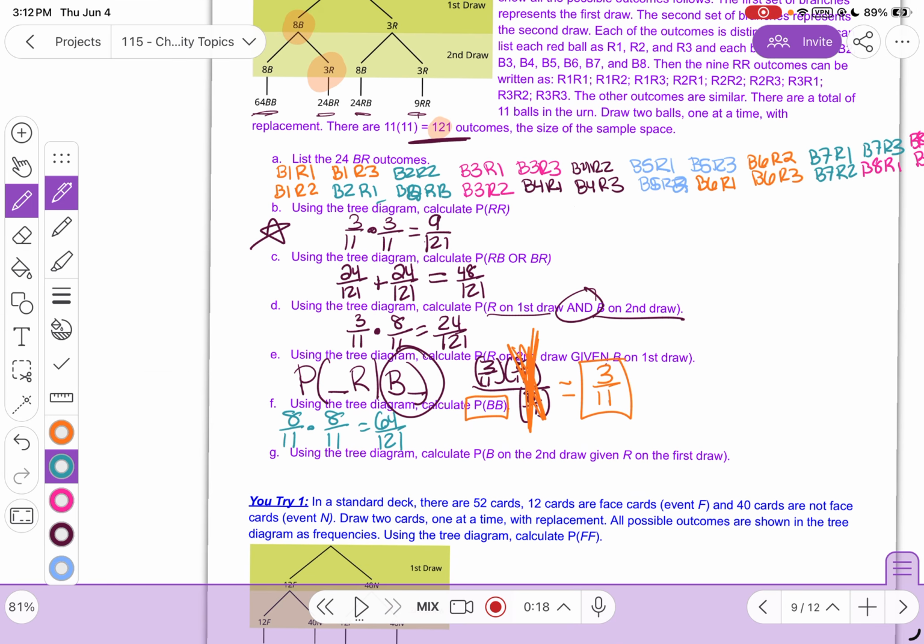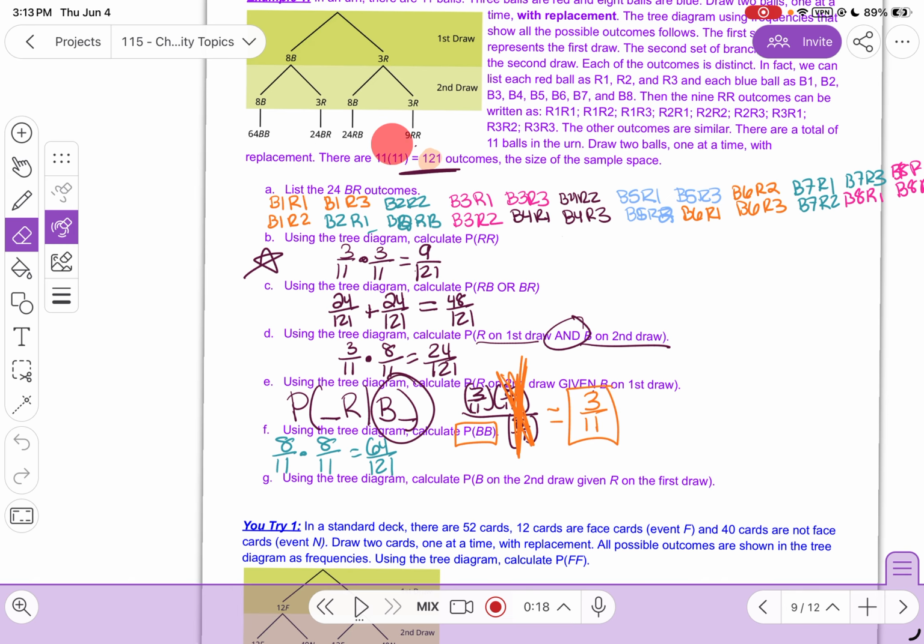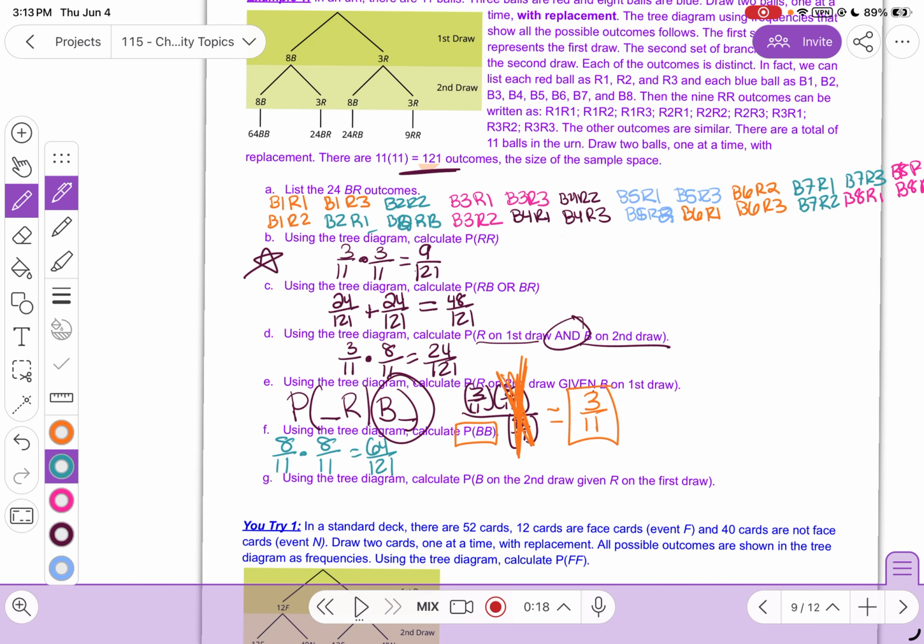All right. Using the tree diagram, calculate B on the second, given R on the first. So if we use our little table here, B on the second, given R on the first. So R on the first, B on the second is this. We just followed the path. So that would be 8 out of 11.